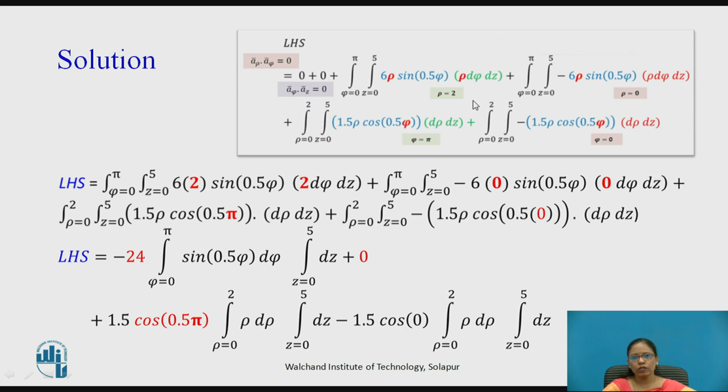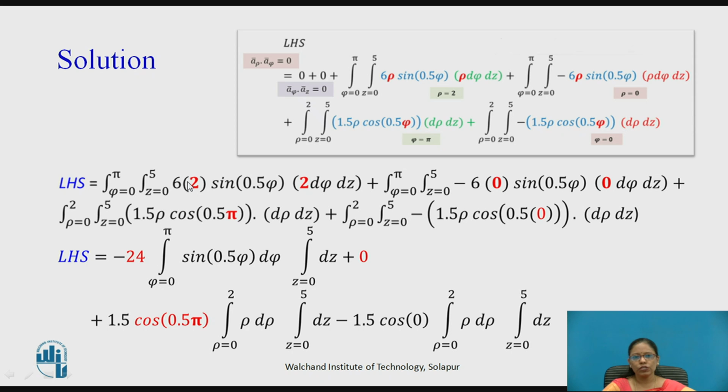The rho has value 2, so I have written it here in red, in bold, as well as here also rho is put as 2. But here the value of rho is 0, so wherever rho is there, I have put 0. Similarly, phi here is pi, so in place of phi I have written the pi value, and in the last integral, the phi value is 0, so I have written 0 for phi.